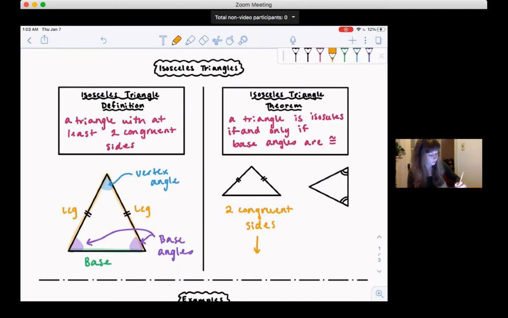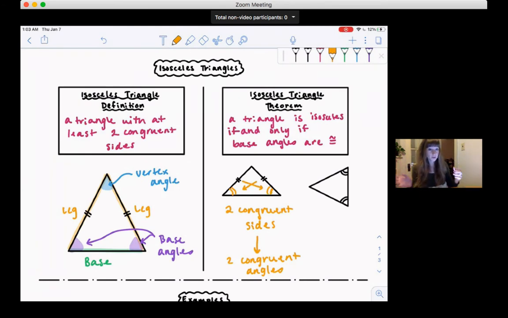So then we can conclude that there are two congruent angles. And they're the angles that are across from the congruent sides. So these would be our congruent angles. Those are the base angles. Okay, so two congruent sides means two congruent angles.